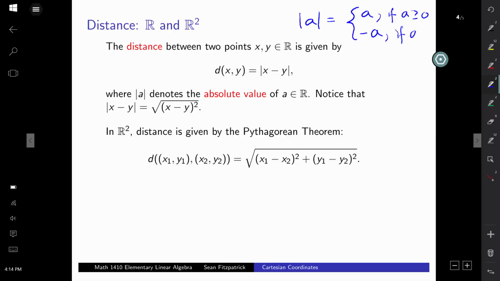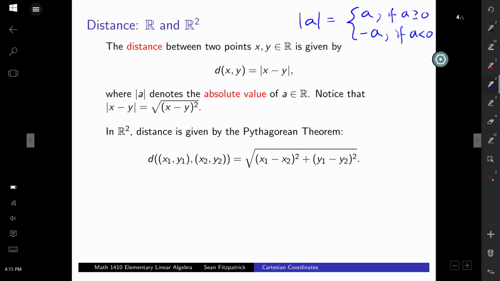So if a is less than 0, it gives you minus a. Remember that if a is negative, the negative of a negative is positive, so minus a would be bigger than 0. So the absolute value is basically telling you how far away any real number is from 0.